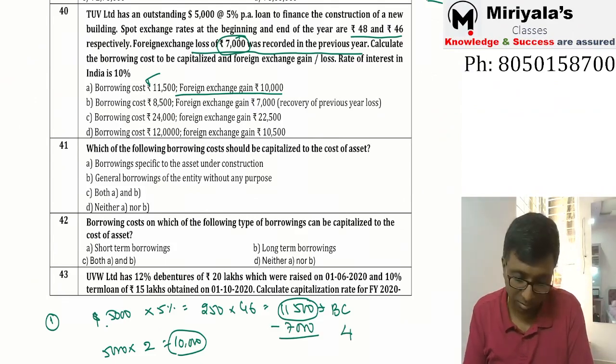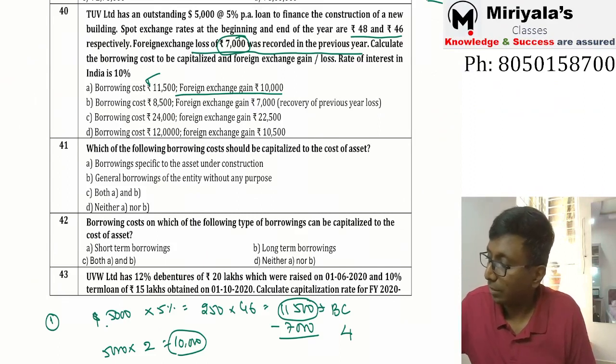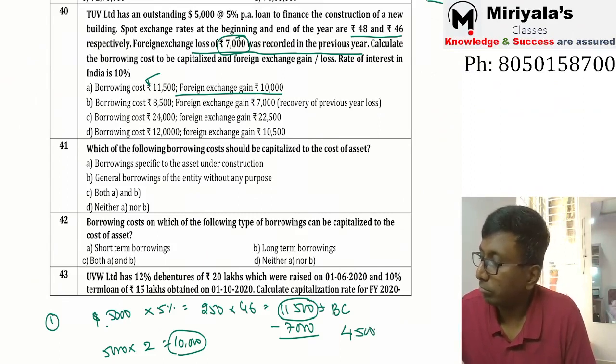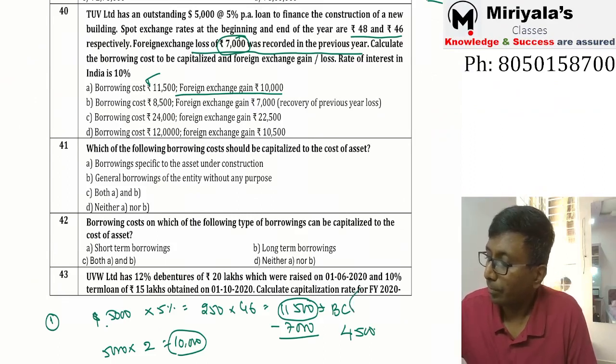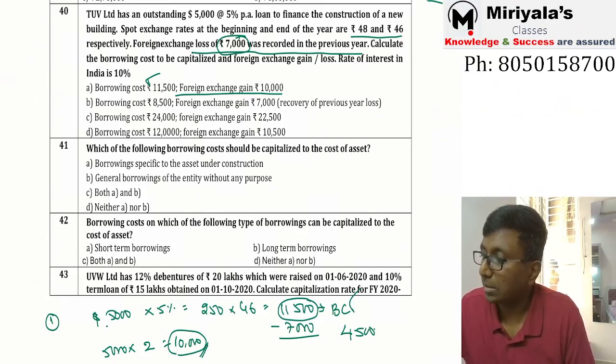Somewhere I made a mistake, I feel. Let me see. 4,500 will come down, correct? Total, what is going to be capitalized in the current year? Just a second. Yeah, this is only right, I feel. So end of the day, what is going to be my borrowing cost?